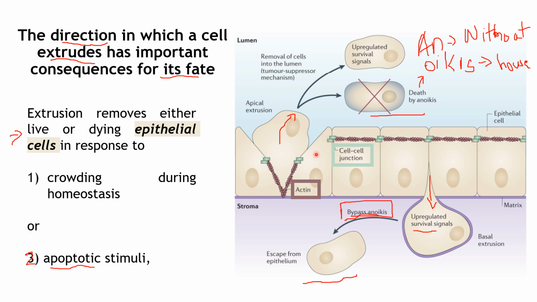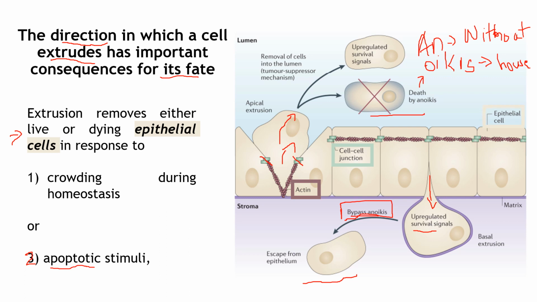And here, for the cells to be extruded, they need to downregulate the cell adhesion, and later detach to allow the cells to go out. So in this paper we will be talking about all these processes.